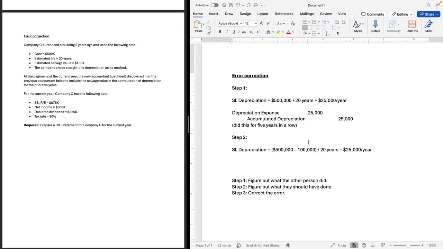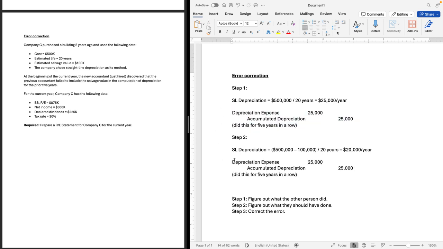So they should have taken the cost of 500,000, subtracted the salvage value of 100,000, and then divided by 20 years. Now, when you do that, they should have done 20,000 a year. And so what they should have done was this journal entry. They should have debited depreciation expense and credited accumulated depreciation 5 years in a row for 20,000.